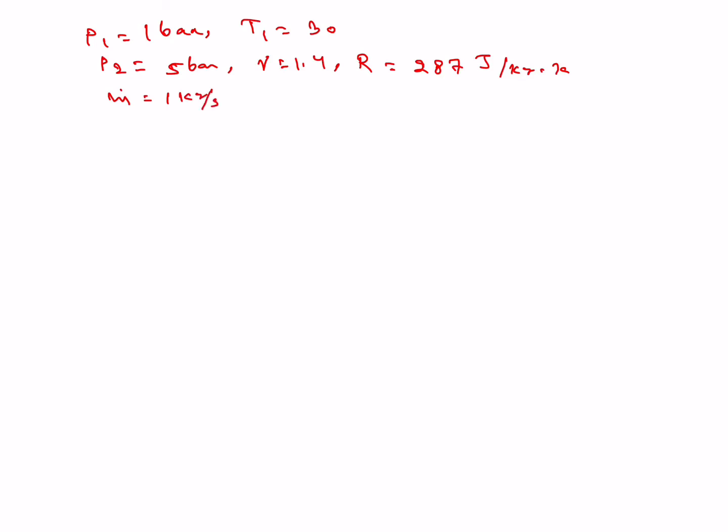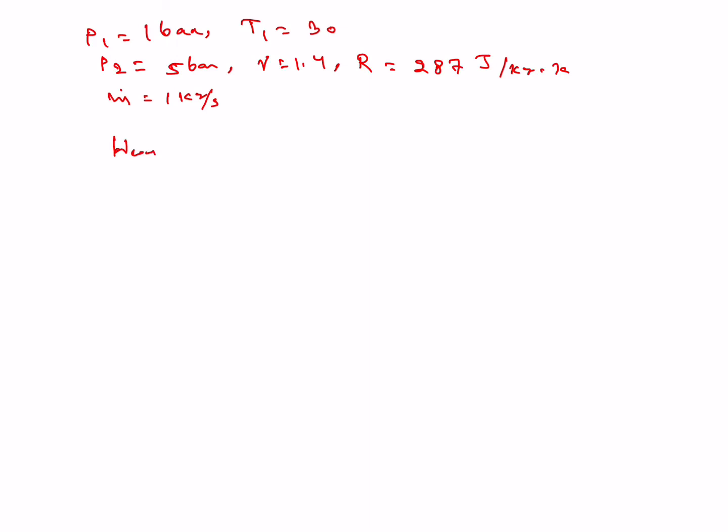So data you will write: P1 equal to 1 bar, T1 equal to 30 degree Celsius, P2 equal to 5 bar, gamma 1.4, R value given 287 joule per kg Kelvin, m dot value given 1 kg per second.